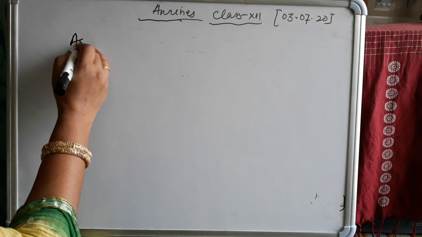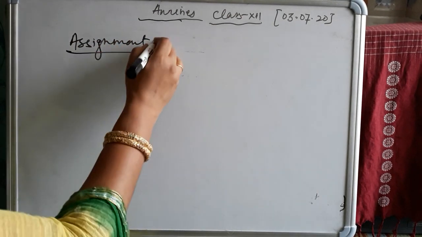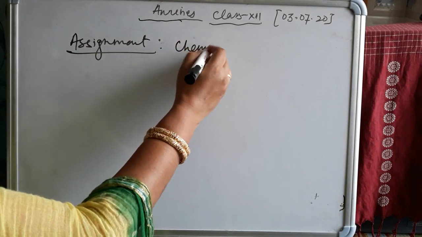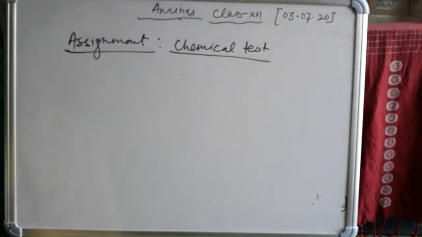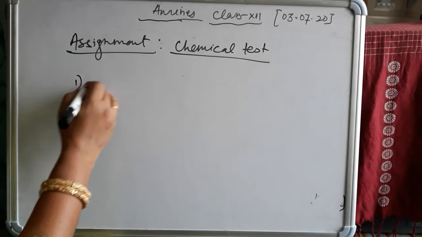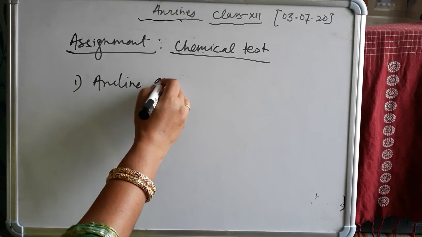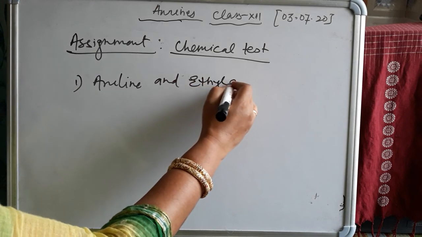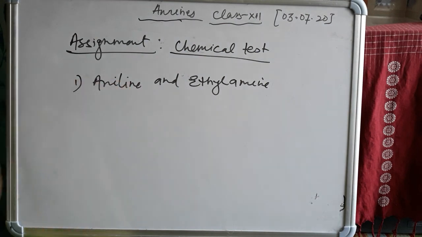This is an assignment for all of you regarding chemical tests of this chapter. Aniline and ethylamine: one is aliphatic and this is aromatic.